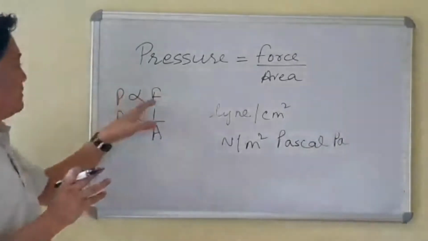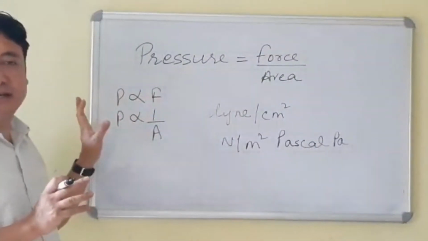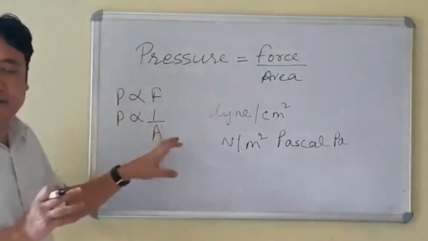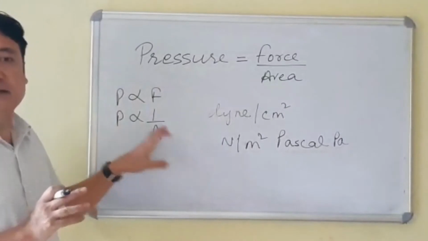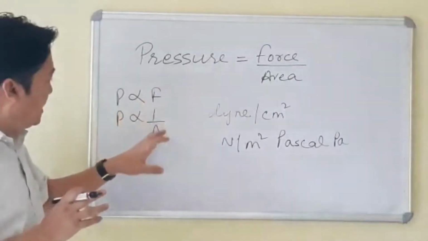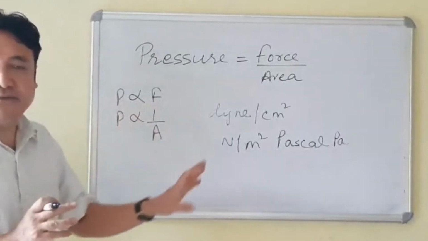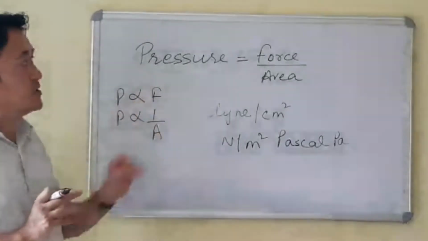So if the force is greater, pressure will also be greater. If the force is less, pressure will also be less. But if the area is less, pressure will be more, and if the area is more, pressure will be less. This gives the relation of pressure.